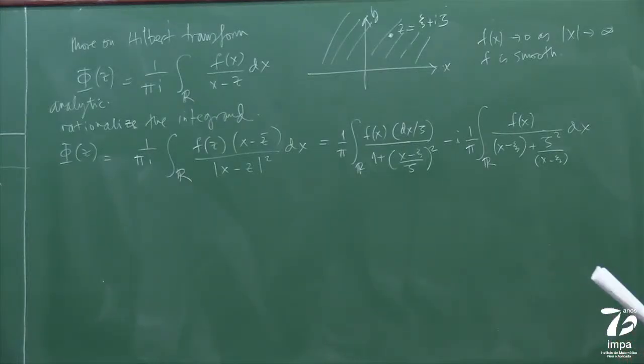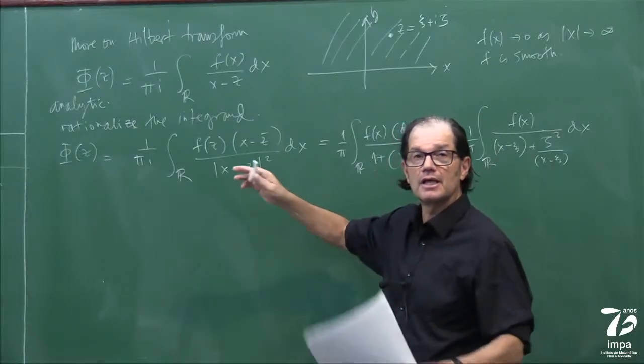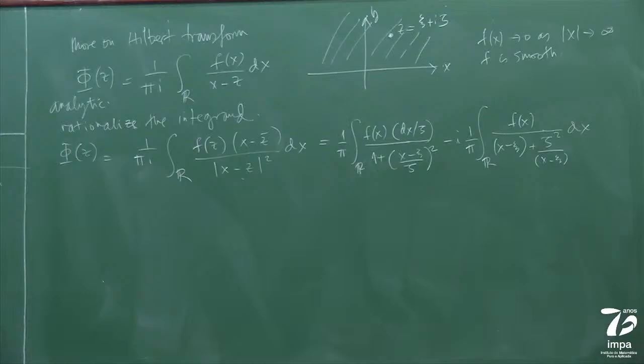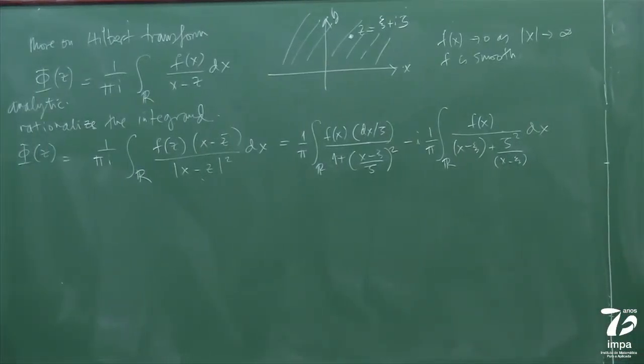Yeah, I think I have it right. So what did I do? It's simple. Basically I rationalized, then I wrote real and imaginary parts, and I just rescaled and rewrote it like this. So what? Because it's useful to write it like that, okay?